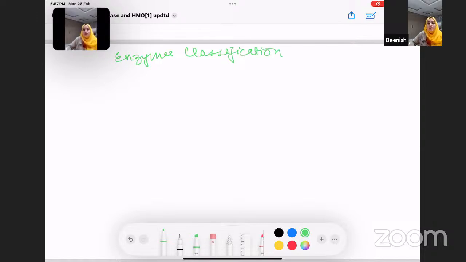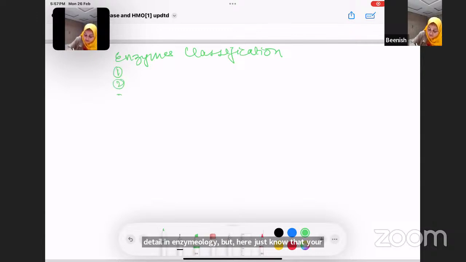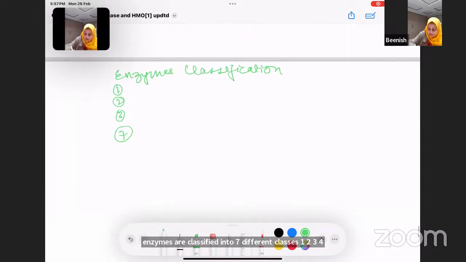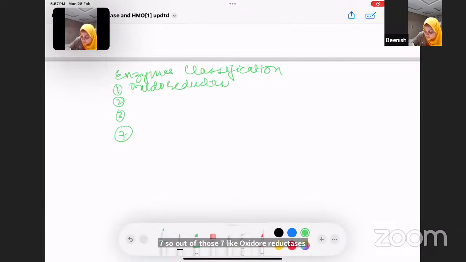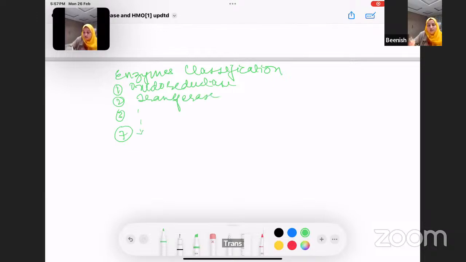You will study about the enzymes classification in detail in enzymology, but here just know that your enzymes are classified into 7 different classes. Out of those 7, like oxidoreductases, transferases, and so on. Like this, you have 7 classes.